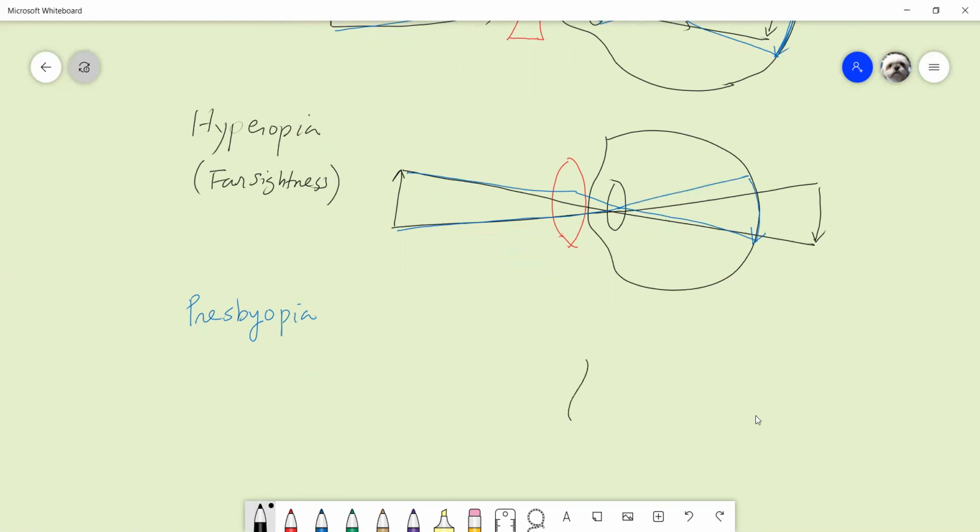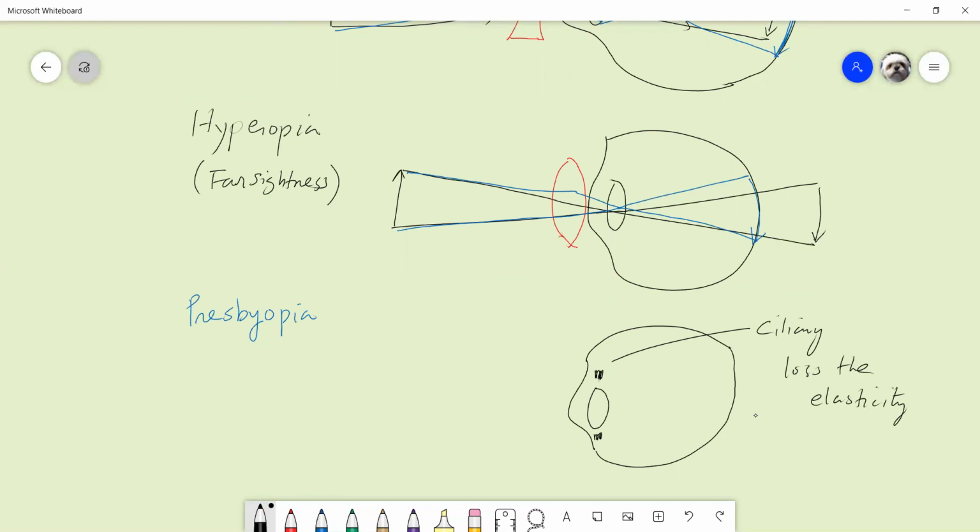Now, what is the problem when you have presbyopia? Usually it happens after you're 40. After you're 40, what happened? Remember the muscle we call the ciliary muscle? They lost elasticity.